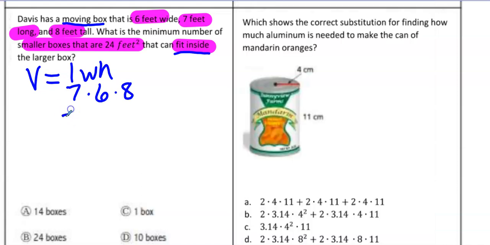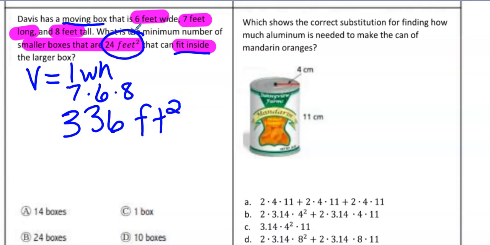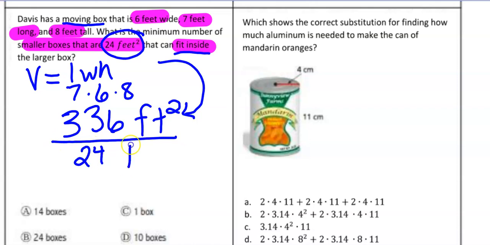So it's 336 square feet of room. That's how much room I have in the box. But now I'm trying to figure out how many of these smaller boxes can fit inside of this large box. So what I'm going to do is divide this number by the 24 square feet to see how many of those would fit inside.